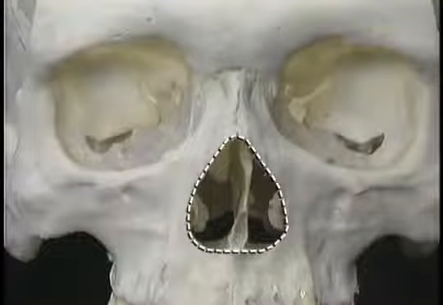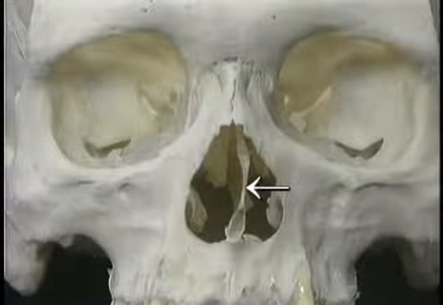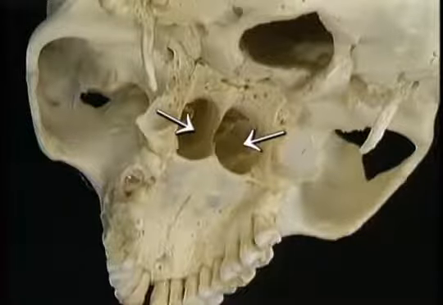Now, let's review what we've seen of the bony structures that surround the upper part of the air passage. Here's the piriform aperture and the nasal septum. Here are the posterior nares or choanae.